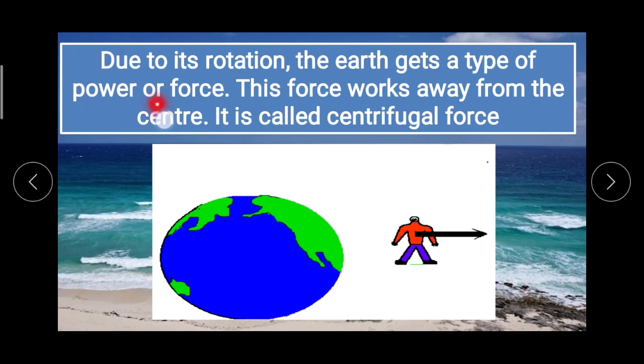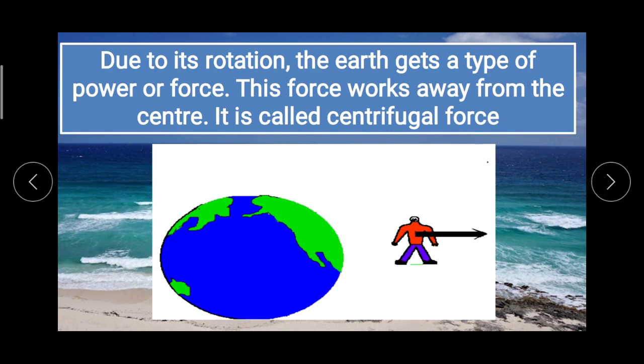Due to its rotation, the earth gets a type of power or force, and this force works away from the center. Then why do we not go away from the earth? If there is centrifugal force, there is gravitational force also, and this gravitational force is many times greater than the centrifugal force.